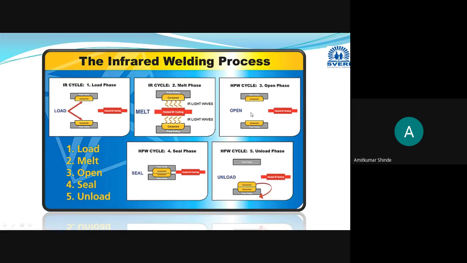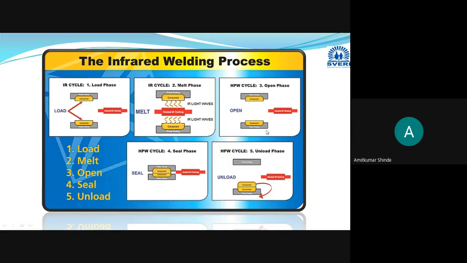Here the infrared light source is removed. And in the seal phase, we apply pressure with the help of the holding fixtures, and these molten plastic surfaces get joined due to the pressure, and some cooling time is provided to cool it.